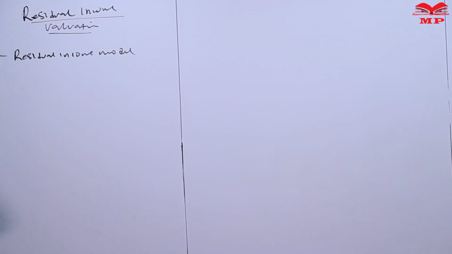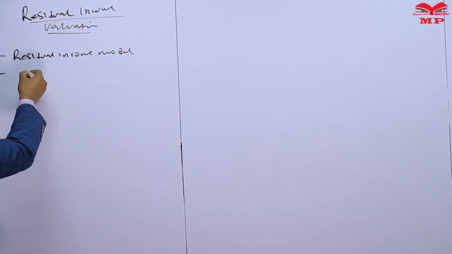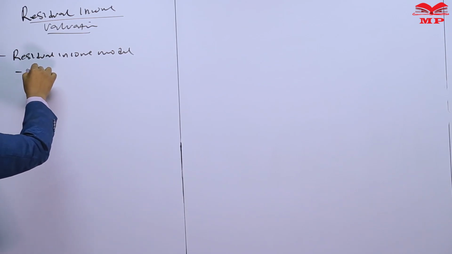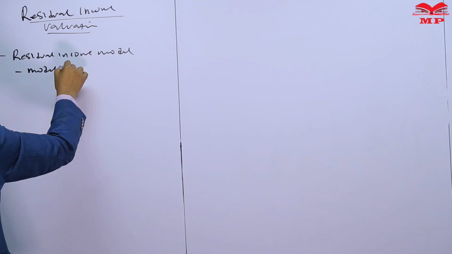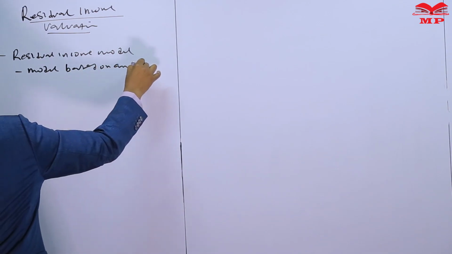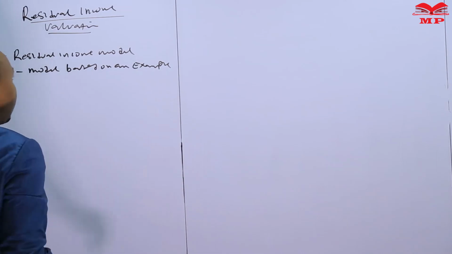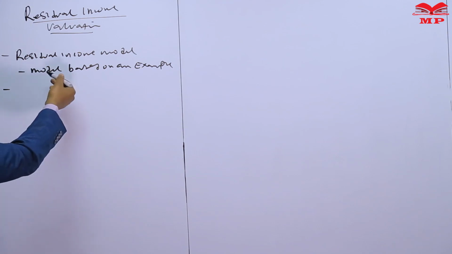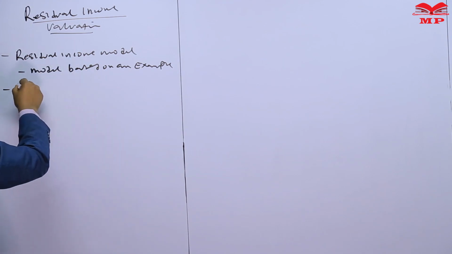Then we will look at the model itself based on an example. Once we've looked at that, we will build on this and look at the fundamental determinants of residual income.